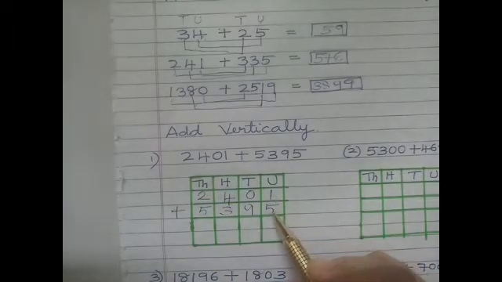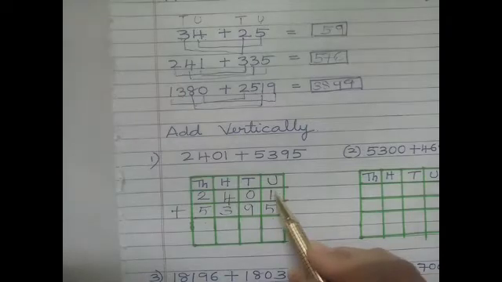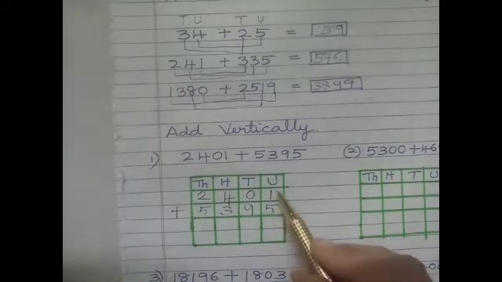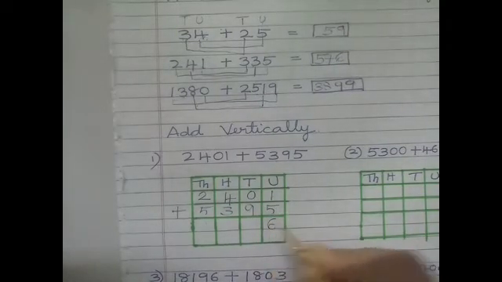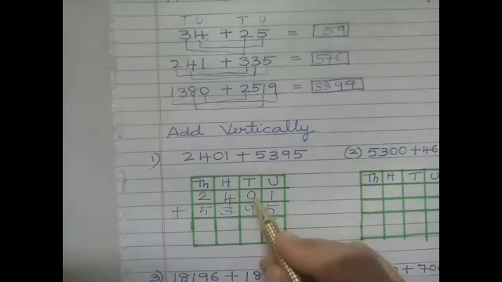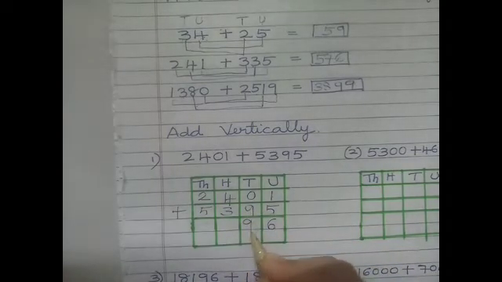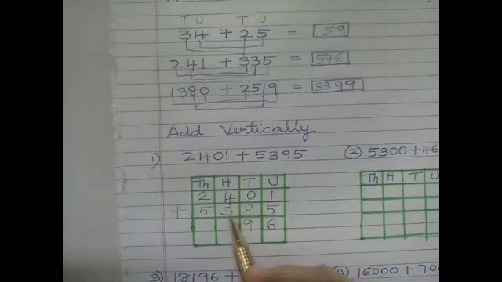1 plus 5. 1 in mind and 5 in hand. After 1, 2, 3, 4, 5, 6. So here comes 6. Next 0 plus 9, that is 9. Then 4 plus 3.